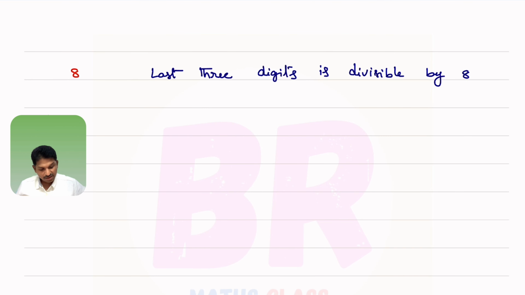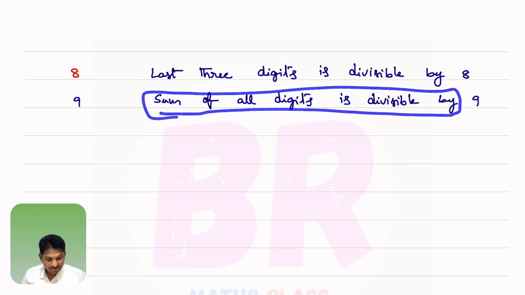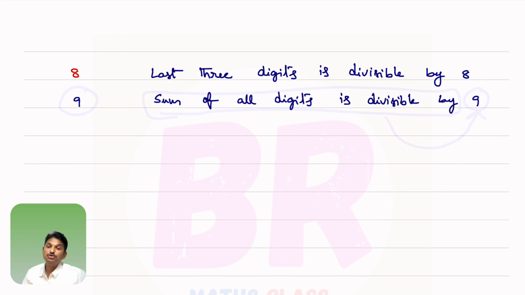Okay. How to check whether a number is divisible by 8? If the number formed by the last 3 digits of that number is divisible by 8, then we can say that the number is divisible by 8. When we say a number is divisible by 9, if the sum of all the digits of that number is divisible by 9, then the number is divisible by 9.